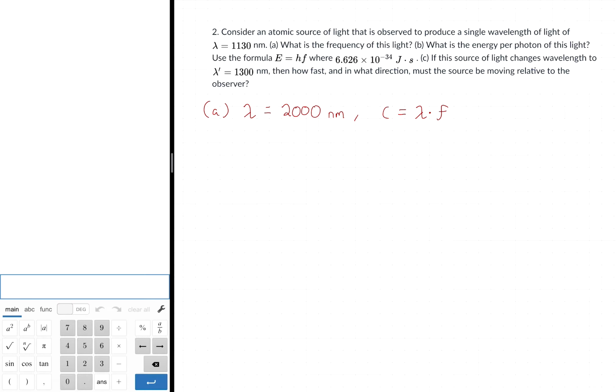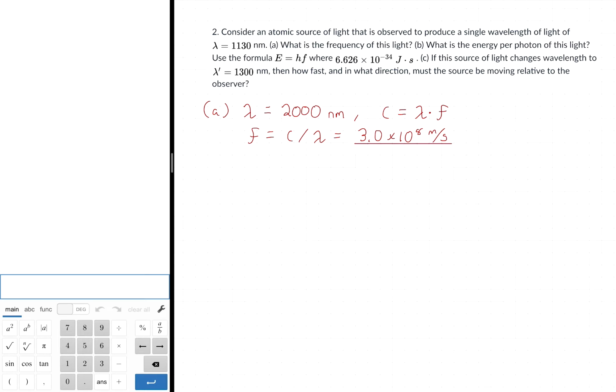So I'm going to find the frequency for my different value of wavelength, and that's just going to be c over lambda. The speed of light, in meters per second for clarity, is 3.0 times 10 to the 8 meters per second.